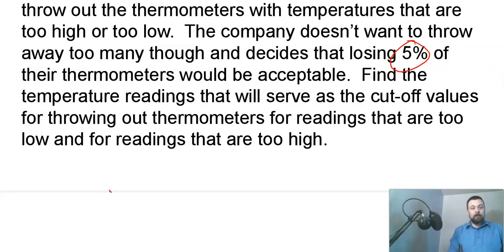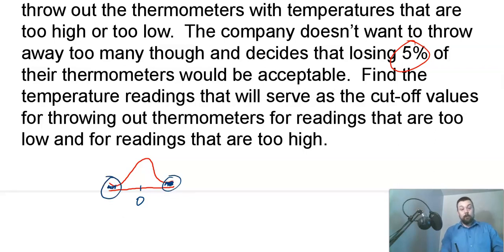All right, so draw a picture of the normal distribution. At least try to. I wanted to keep it, but it's just too weird looking. Okay, that's still kind of weird looking, but all right. So here's 0 in the middle. I'm going to throw away some thermometers for having readings that are too high and some thermometers for having readings that are too low.